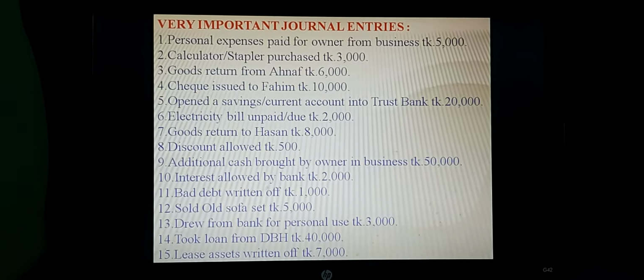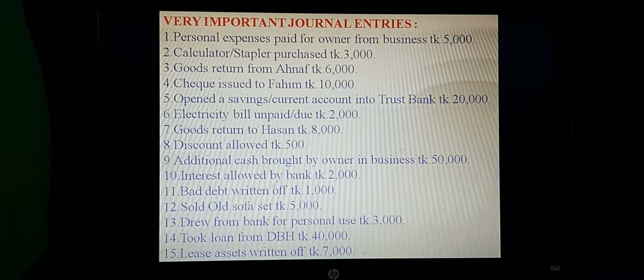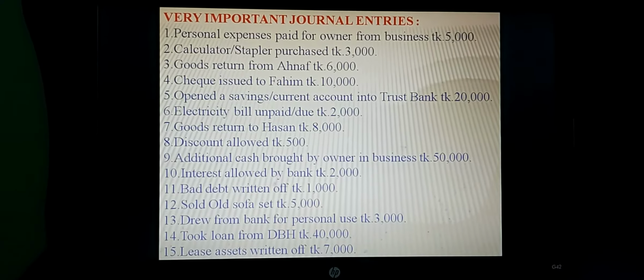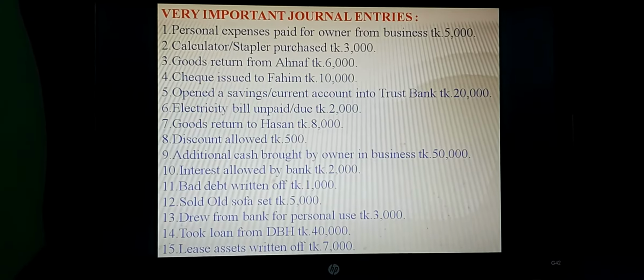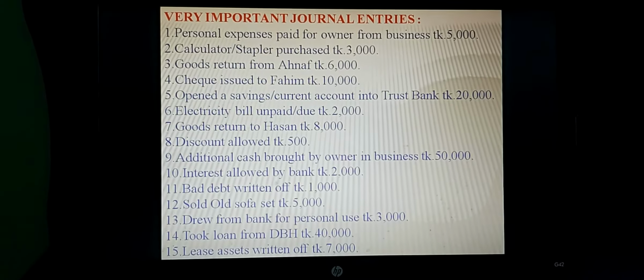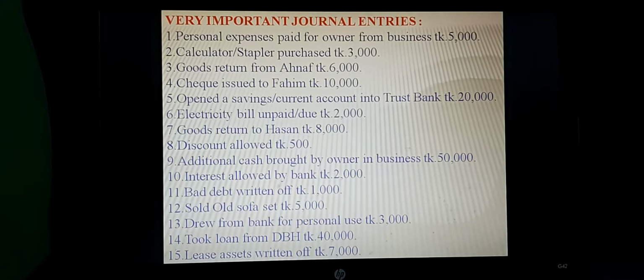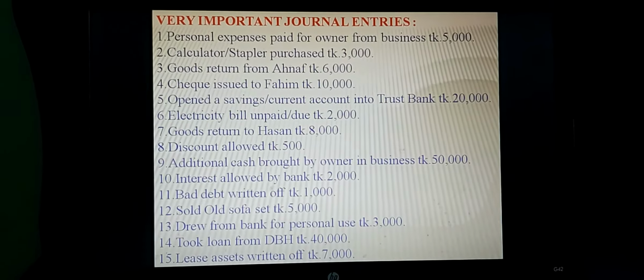Calculator, stapler, these items are related to supplies, that is office supplies, not related to stationery. Again I repeat, when calculator, stapler or wall clock machine or punch machine is purchased, then it is related to office supplies account.